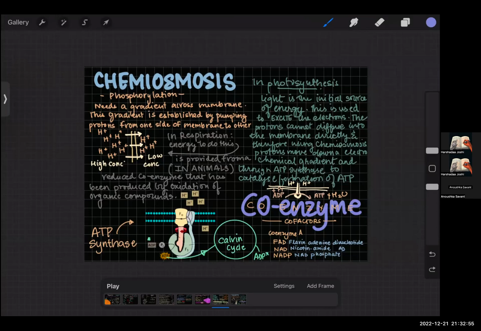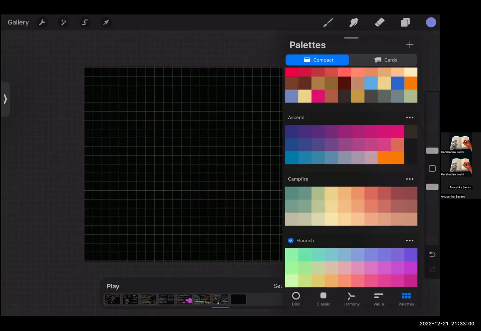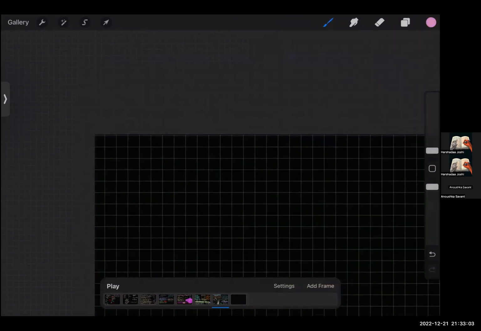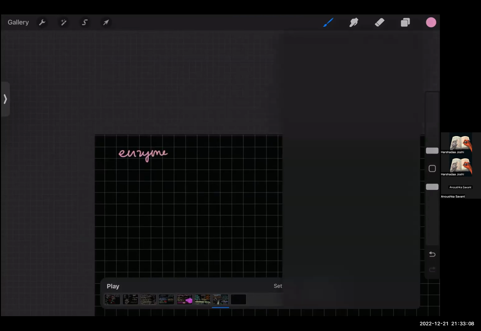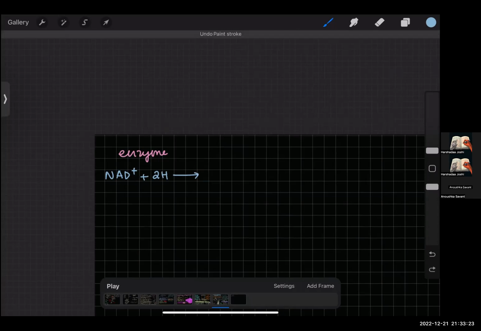Now, when you look at these coenzymes, I'm just going to go over the part with coenzymes now. So every single time that I have an enzyme, let's take a very simple example. If I have NAD plus 2 hydrogens, this is going to turn into NADH plus 1 proton like this.